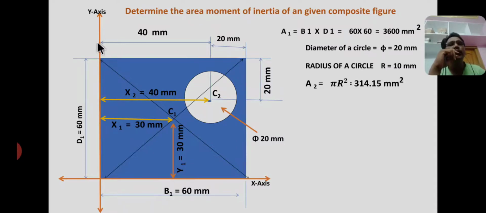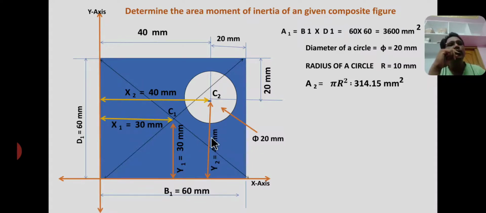So from here to here, the horizontal distance between the y axis and the centroid C2 is 40 mm, that is x2. And the vertical height between C2 and the x axis is called y2.